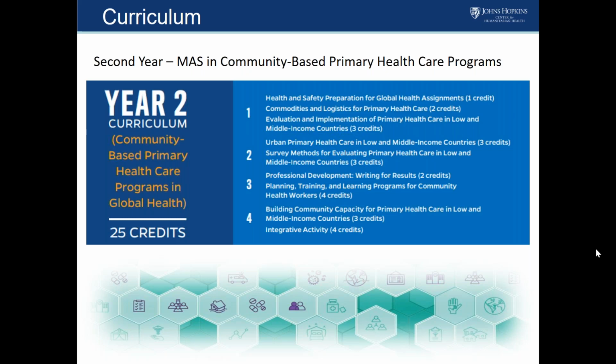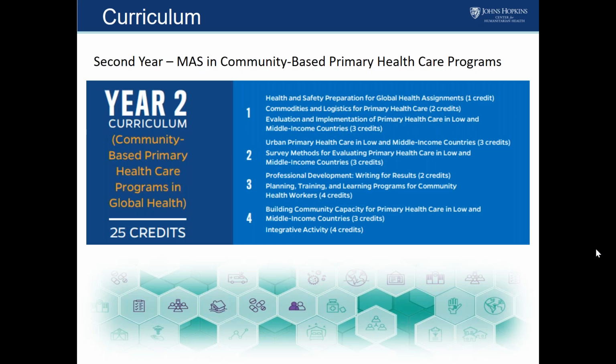One of the general OPAL courses to help you prepare for your integrative activity is professional development and writing skills in the third term. Also in the third term, we have a course on organizing training programs for community health workers.